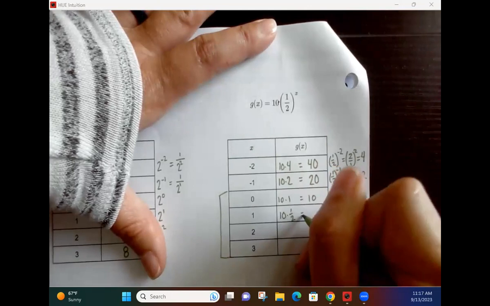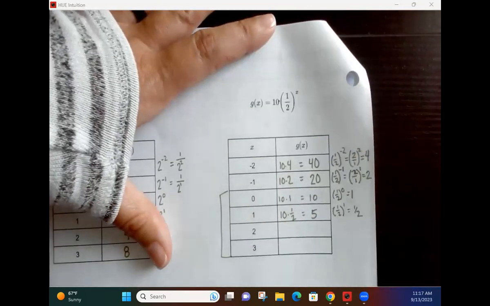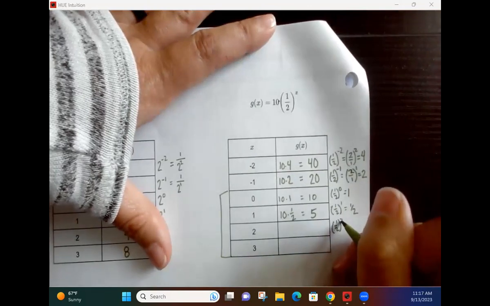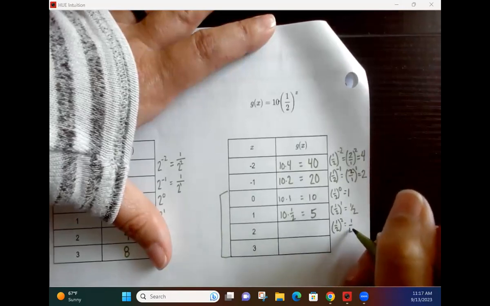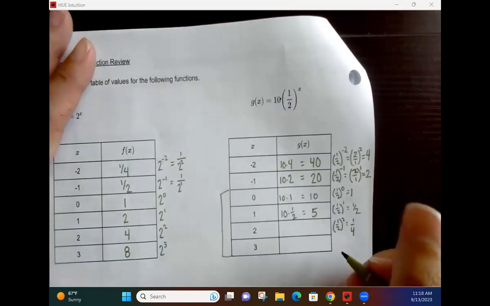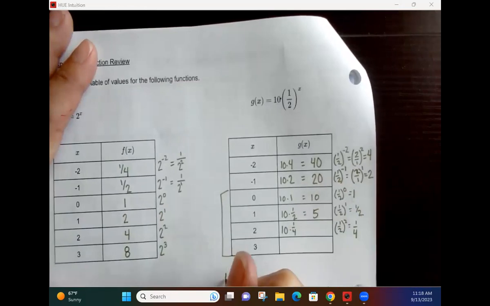So 10 times 1/2, or half of 10, would be 5. 1/2 squared would be 1 squared over 2 squared, which is 1/4. So this would be 10 times 1/4. So that's 10 over 4, but we can reduce that to 5 over 2.